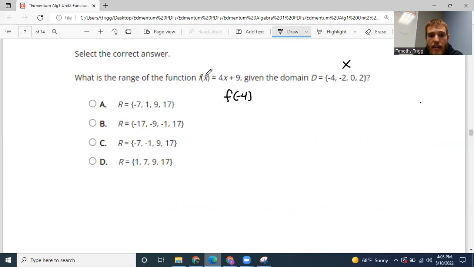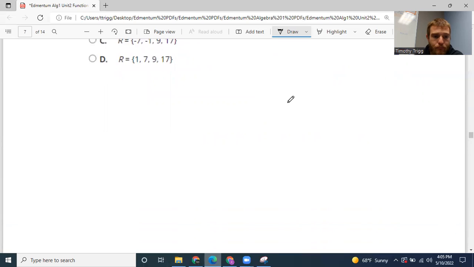I'm replacing the x in the function with negative 4, which is the first number in my domain. So this will be 4 times negative 4. Again, just copying the function, but replacing the x with the input of negative 4. This will give me negative 16 plus 9. Okay, go ahead and figure it out from there. You can plug in the other numbers as well to figure out all the resulting numbers in the range.